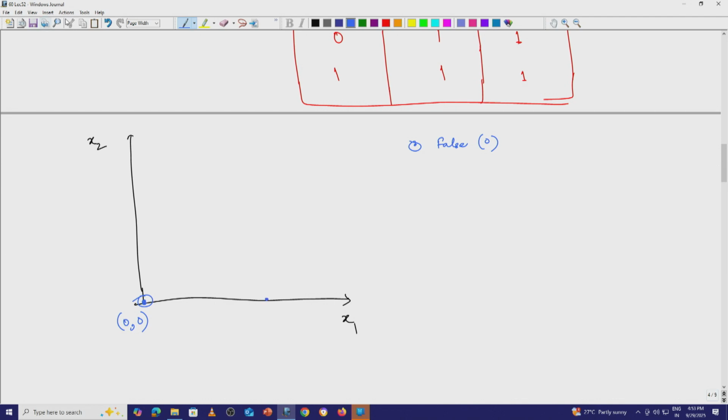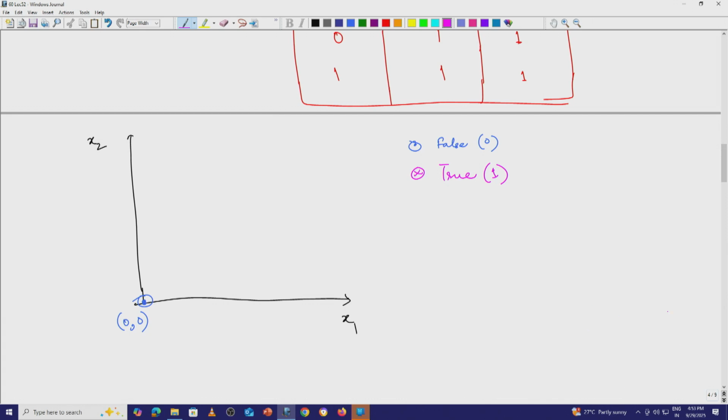All the other points are true, because we are looking at the OR logic gate. All the other points are true, which corresponds to 1, and I am going to represent that as a cross marked by a circle.